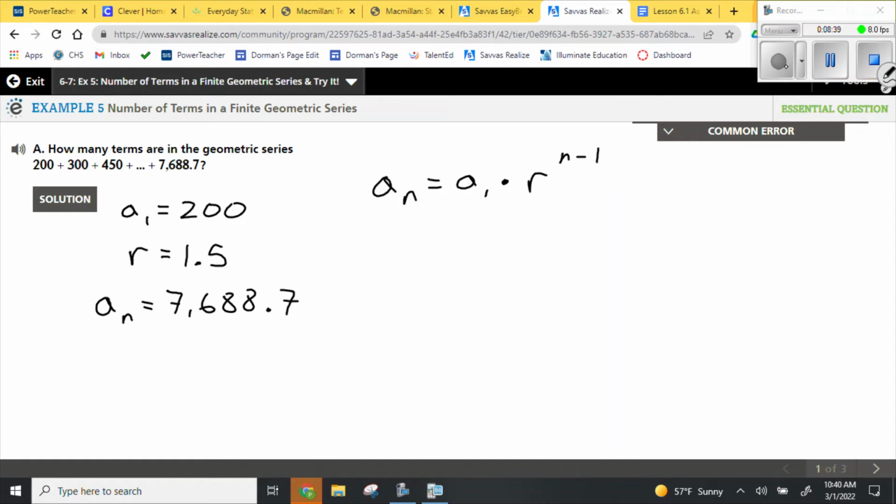So I'm going to plug that stuff in. 7,688.7 equals 200, just plugging stuff in. We know that r is 1.5. And there we go. We need to know what n is, yeah? The only missing piece of information. What is n?